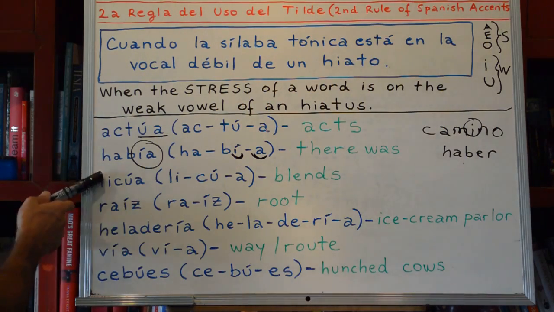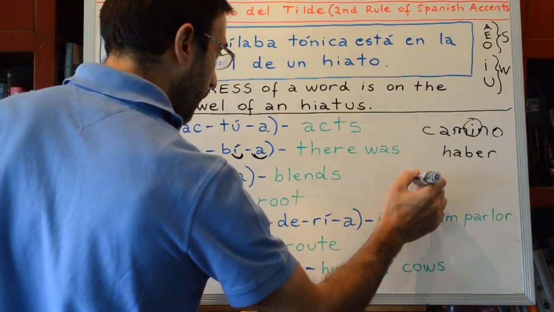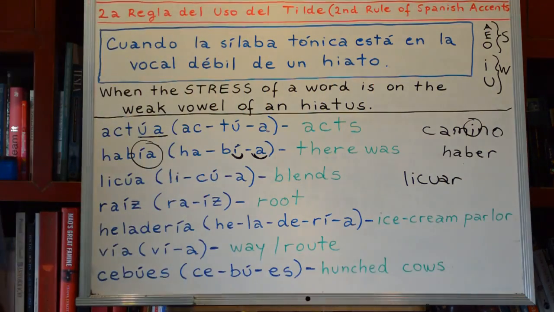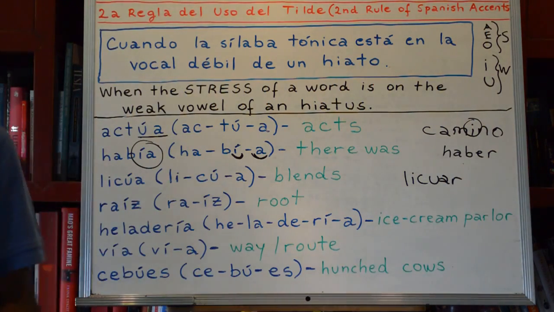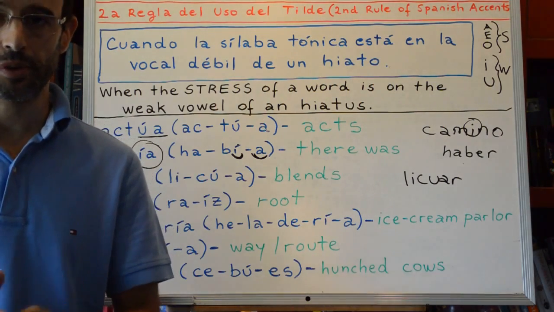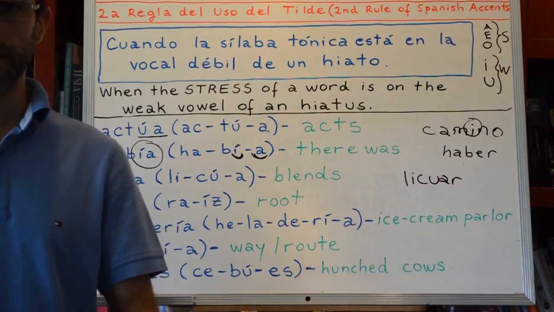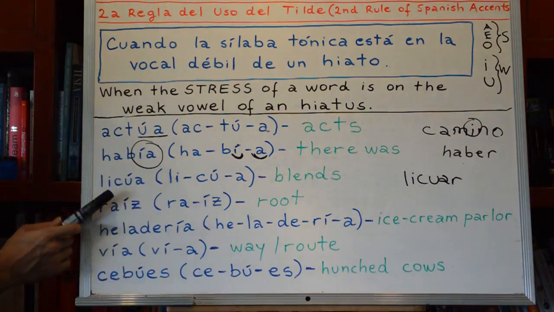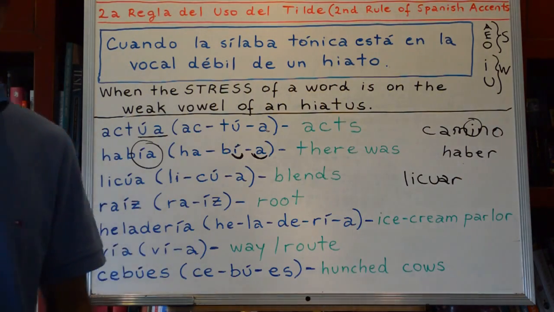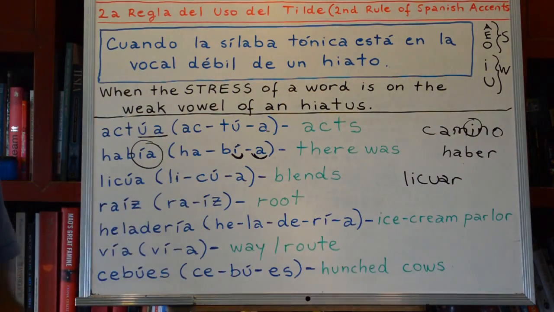Again, next example, licúa. Licúa comes from the word licuar. Licuar means to blend or to mix, right? For example, the Spanish word for blender, where we prepare a shake, right? A banana shake, a milkshake. The word is licuadora, blender. And licúa is a conjugation of the verb licuar, means to blend, okay?